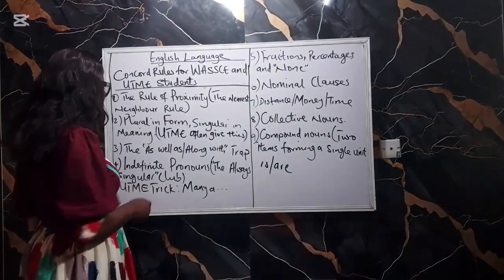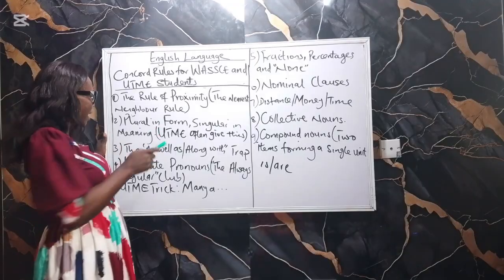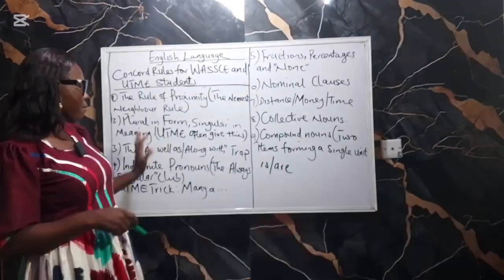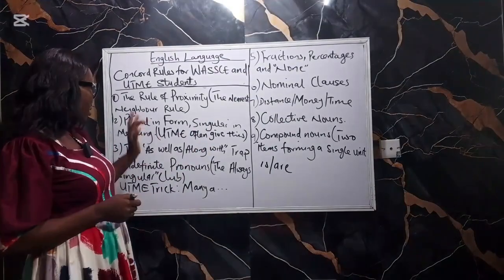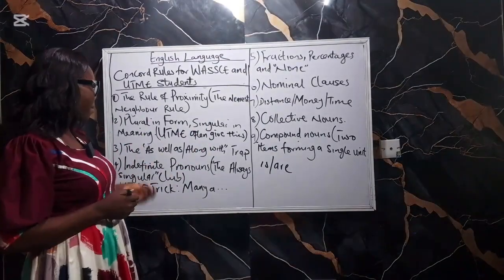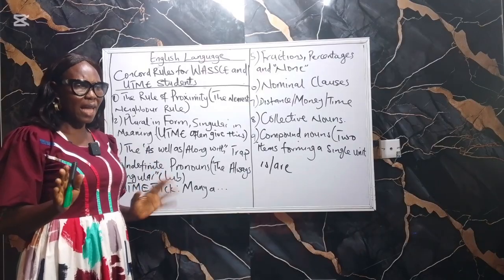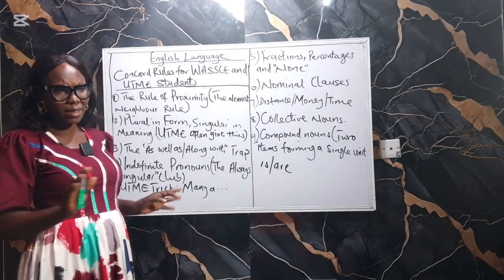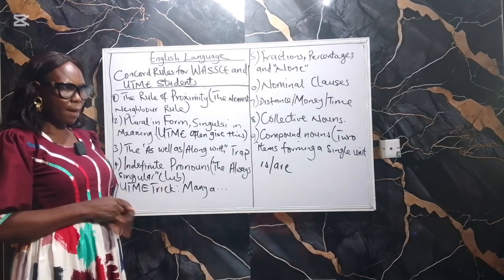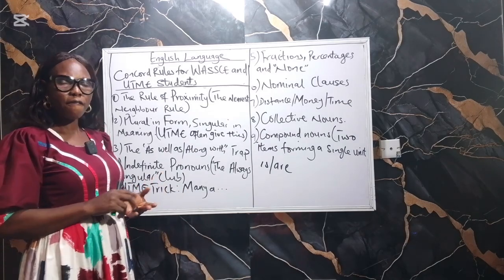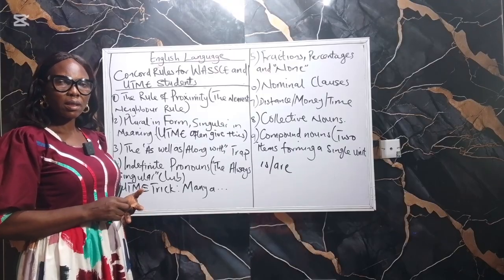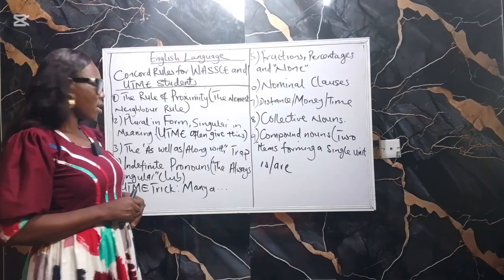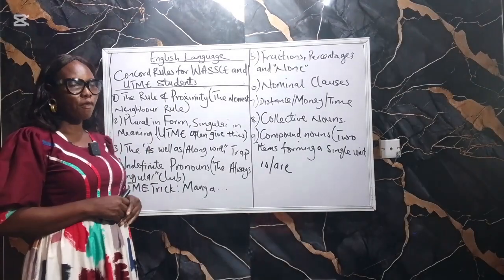The second one is the subject that is plural in form but singular in meaning. In fact, UTME often gives questions on this aspect. What do we mean by that? There are some subjects that have S, but they represent a single entity. For example, statistics, physics, economics, ethics, and so on. You use a singular verb for them.